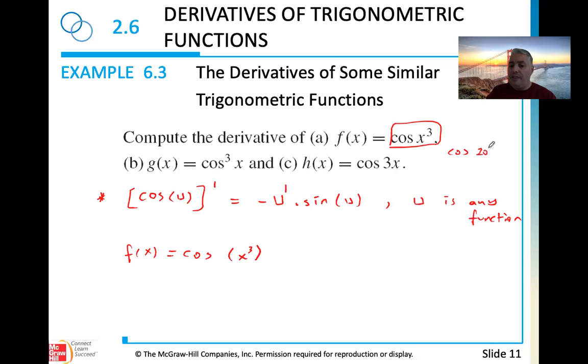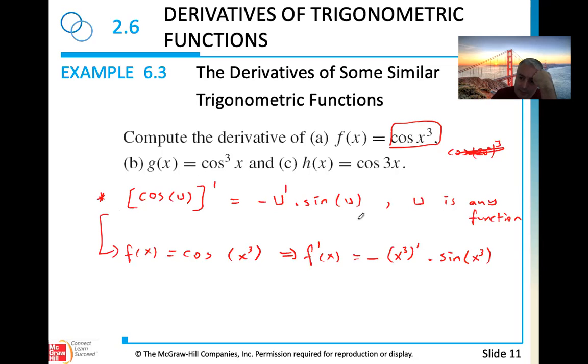Now the rule says when I take the derivative of cosine of anything, the rule is negative derivative of that anything, which is the derivative of x cubed, times sine of u. u is now x cubed, so sine of x cubed. Check the rule and its implementation here, and if something is not clear, tell me.